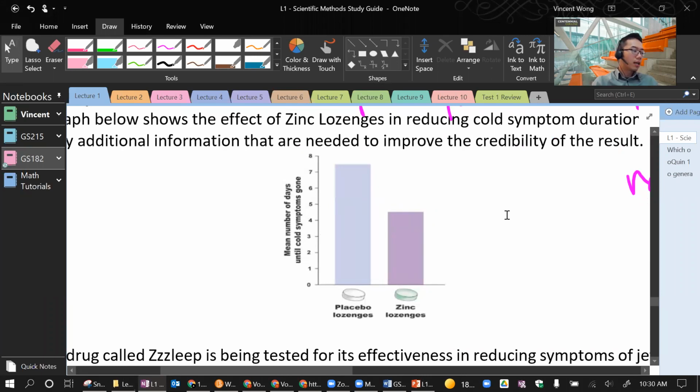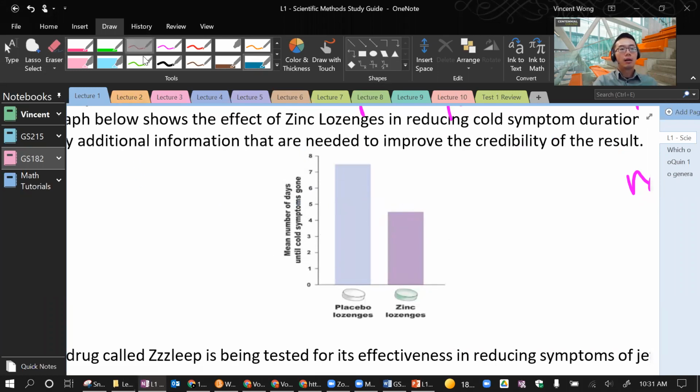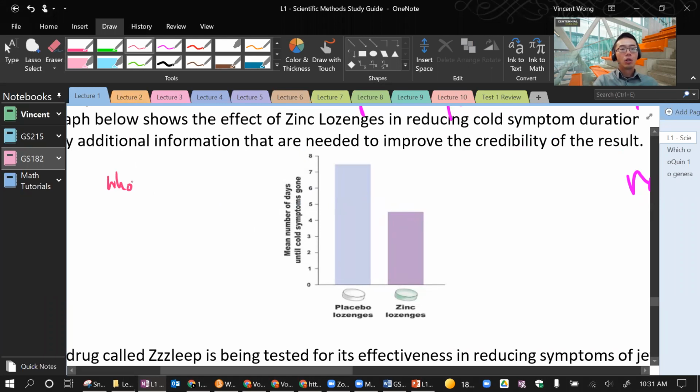So a couple of things that we would want to know about this experiment is, for example, who's paying for it? Who's paying for the study? Is it the pharmaceutical company who is producing this?